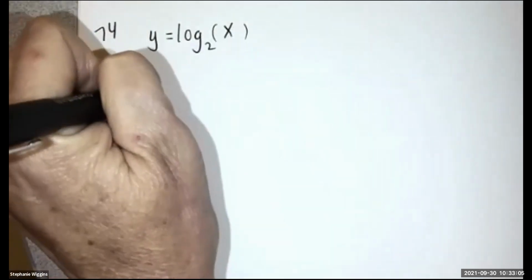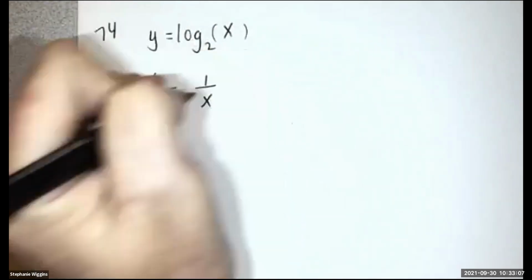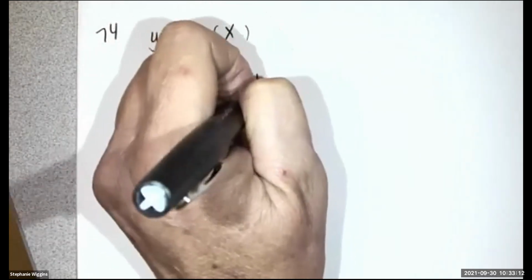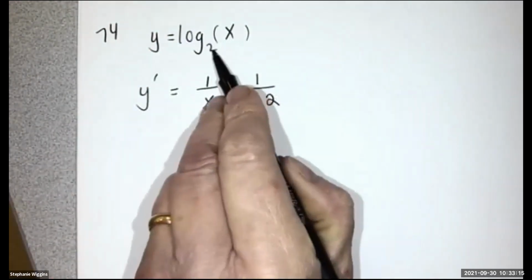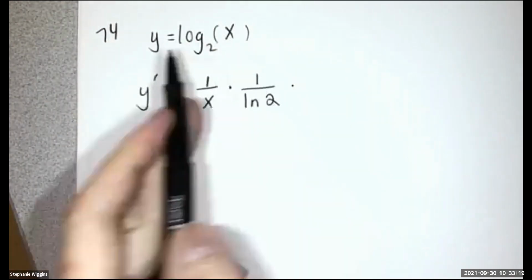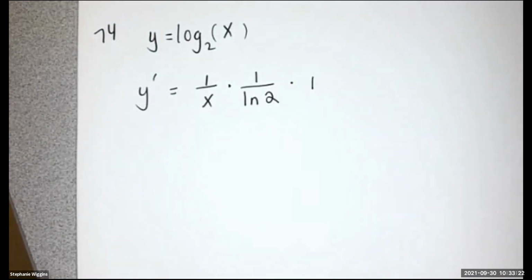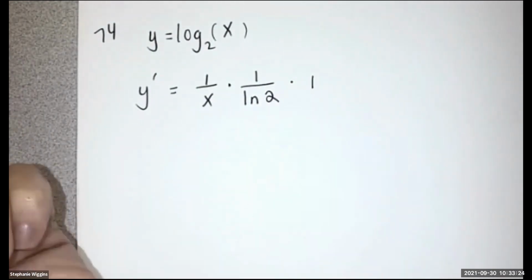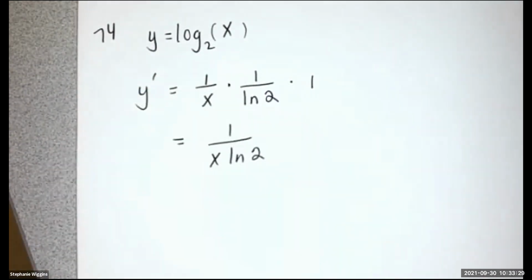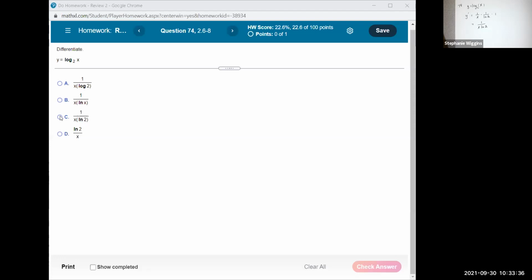So you take the reciprocal, 1 over x, times the reciprocal of the natural log of the base, which in this case is 2, there's the base, times the derivative of what's inside. Well, the derivative of x is just 1. So we really don't have to do this step. And so we just simply get 1 over x natural log of 2.